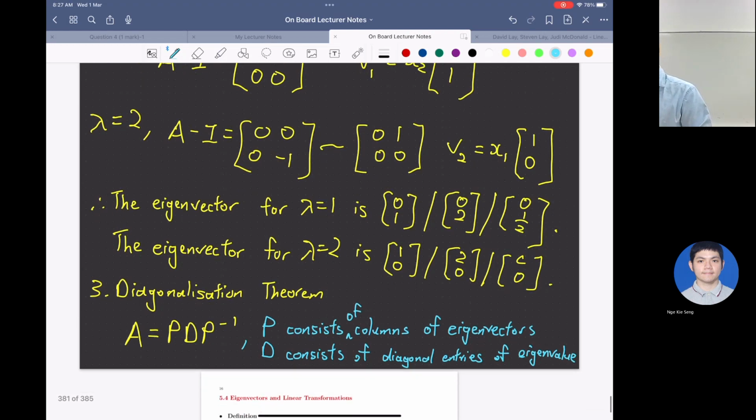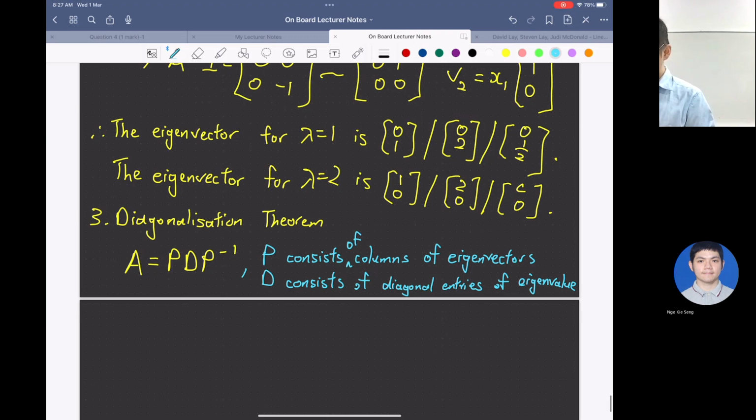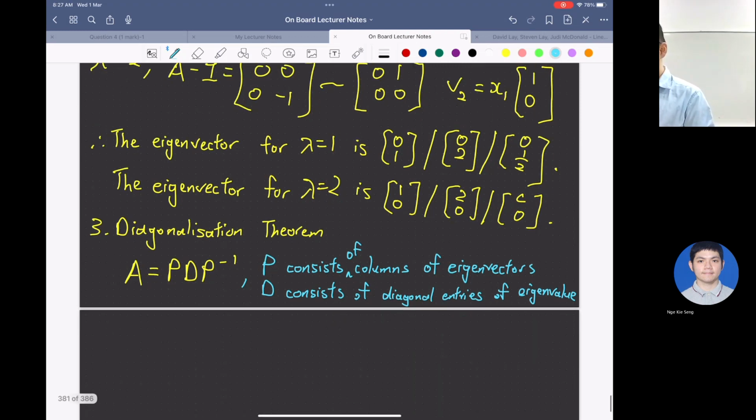In this case, we have two eigenvectors corresponding to different eigenvalues. So our A is 2, 0, 0, 3.